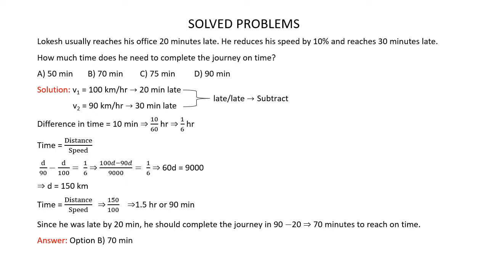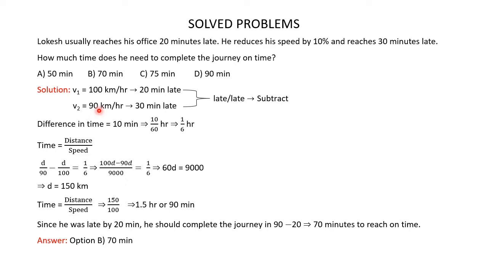We know that time is equal to distance divided by speed. In the first instance, speed is 100 kilometers per hour. So time is d divided by 100.